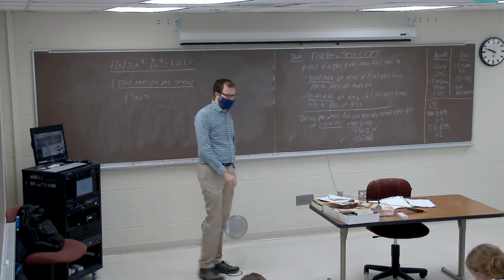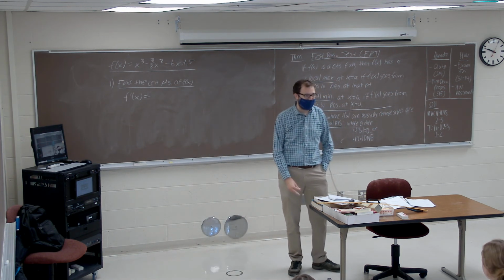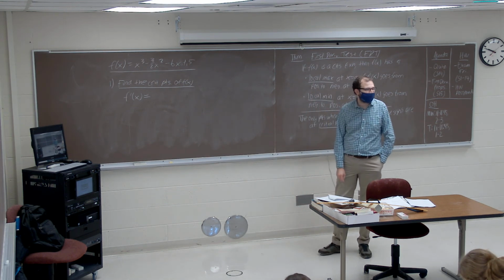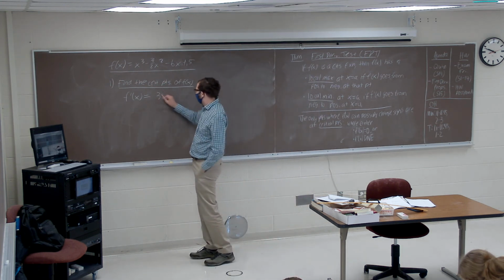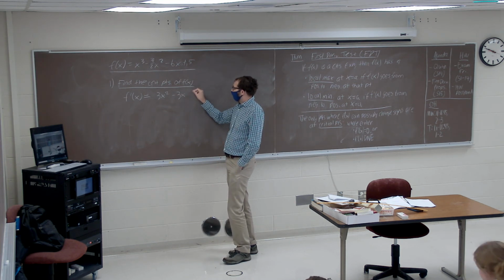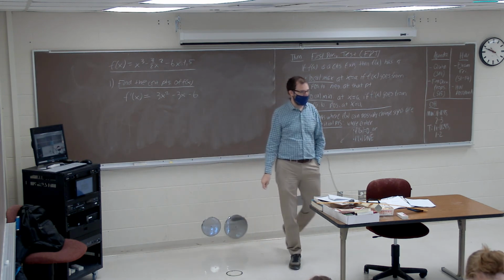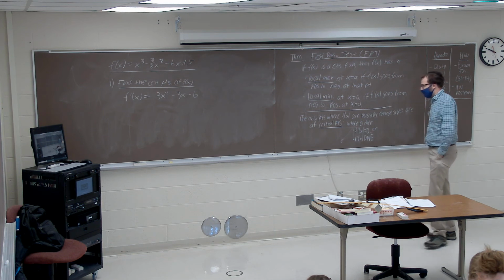So what is f prime of x? Emily? Like that? I like it. I think f prime of x is going to be 3x squared minus 3x minus 6.